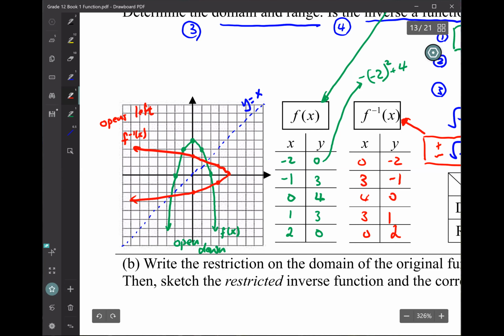Okay, so from this example, if we know original opens up, which way would it open for inverse, Cindy? Wait, what was the question again? Okay, the question was, if the original function opens up, which way does the inverse open?